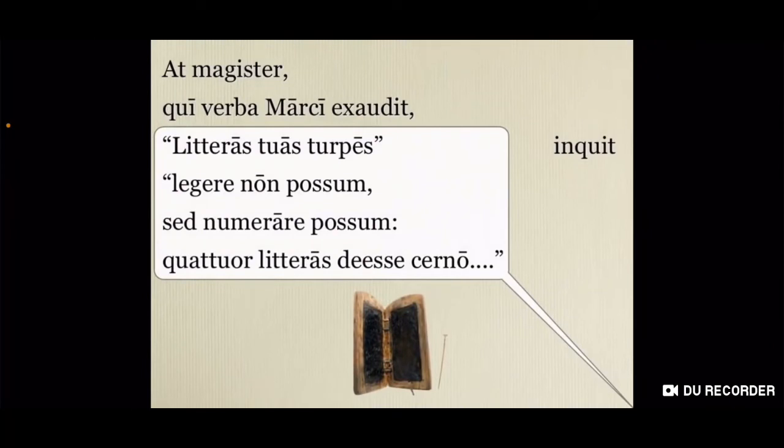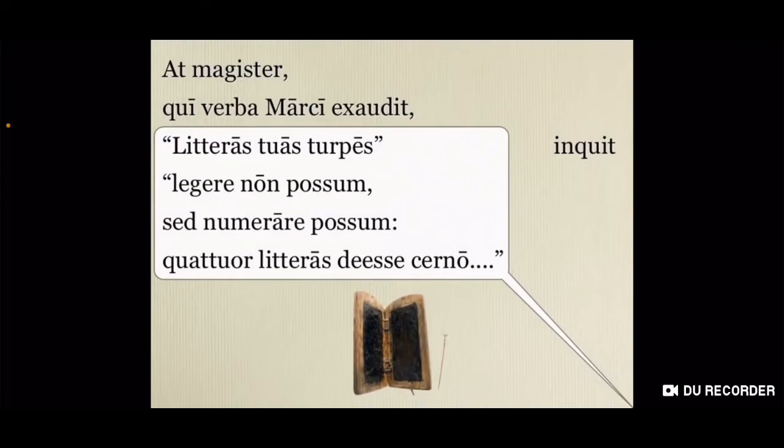At magister qui verba Marci exaudit inquit: But the teacher who hears out loud the words of Marcus says, Litteras tuas legere non possum, sed numerare possum. Quattuor litteras deesse cerno.